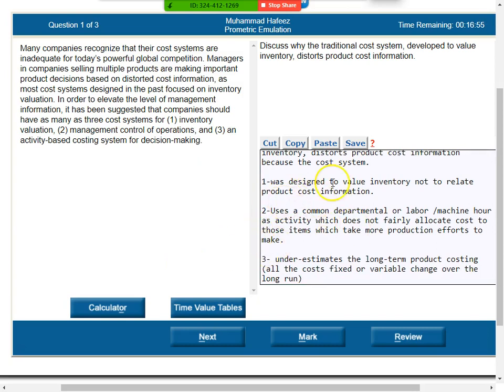Okay, so this answer is sufficient to fully explain what is needed in the question. So moving on to the next question.